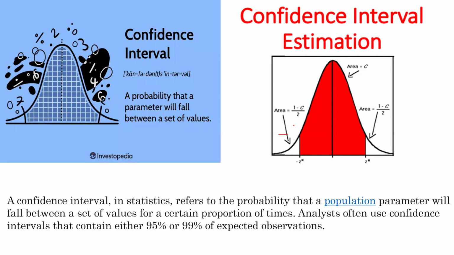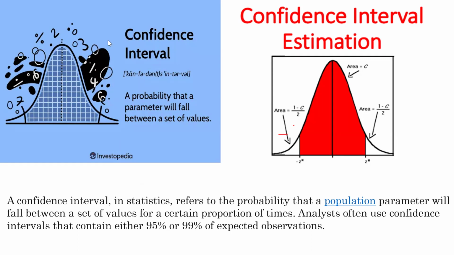Or that I am 90% confident that the class rep of 400 level will get 80 to 90 marks in the biostatistics exam, and that is a confidence interval.